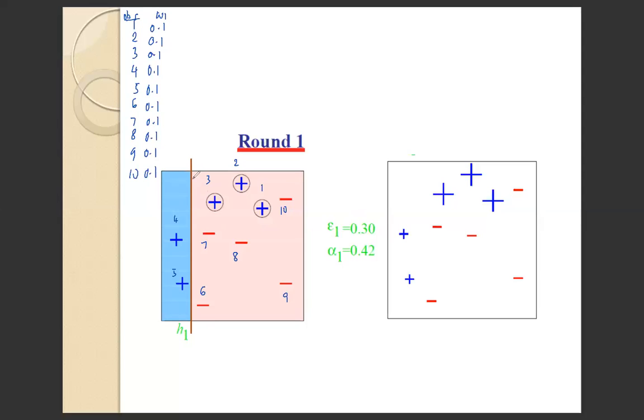So when I cut here, I make 3 mistakes, right?